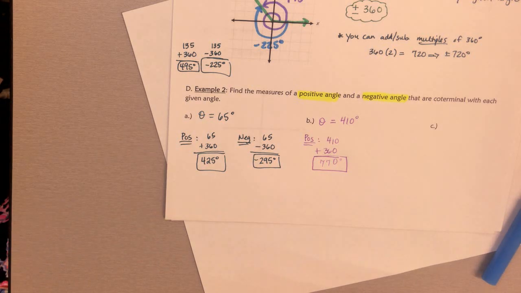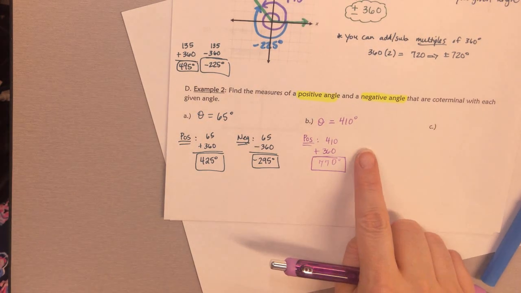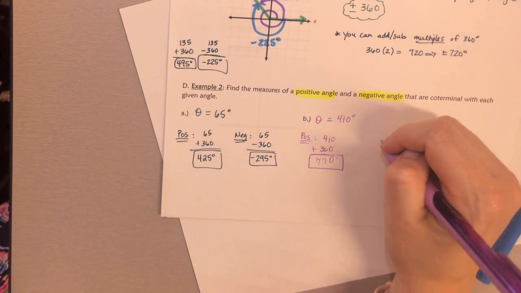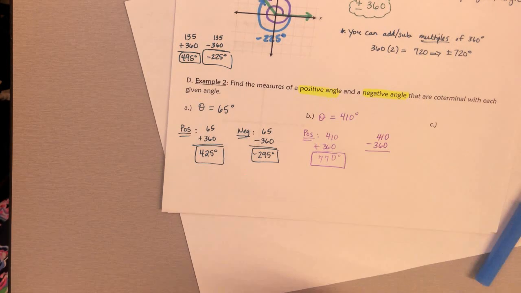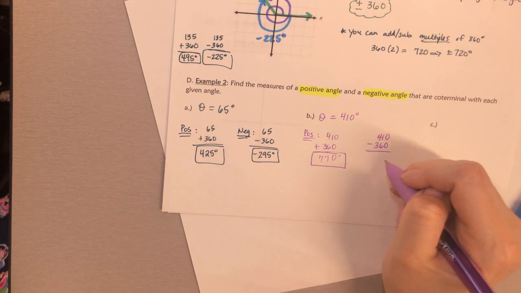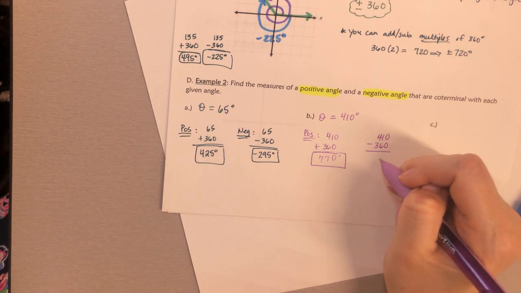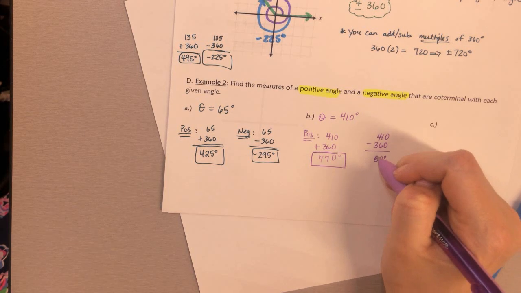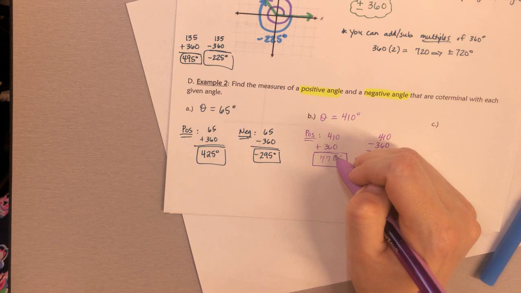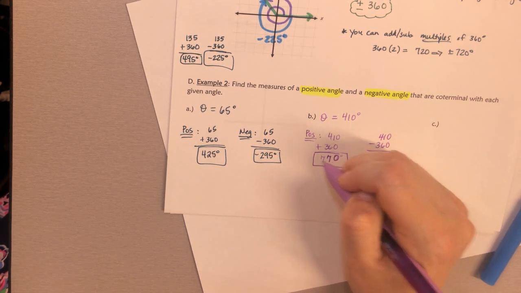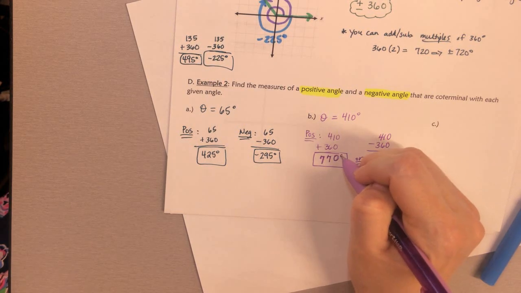Now if you were trying to find a negative angle and you did 410 minus 360, what's 410 minus 360? Positive, right? Positive 50. So this would be another positive example, so you could not use that as your negative.